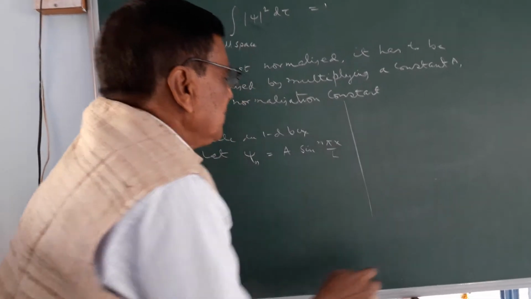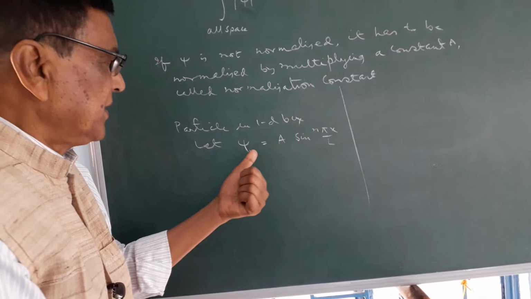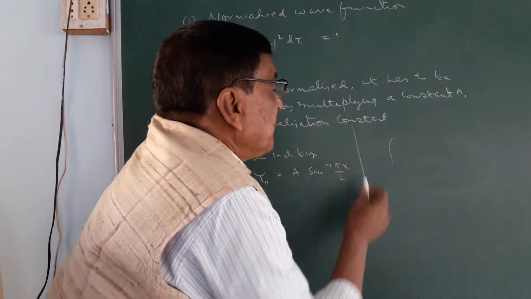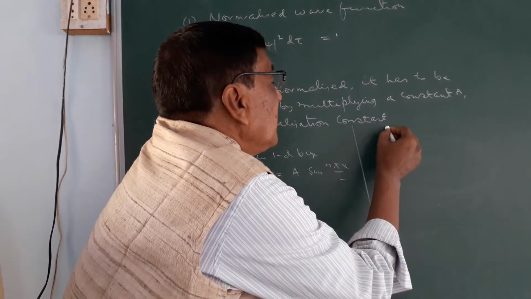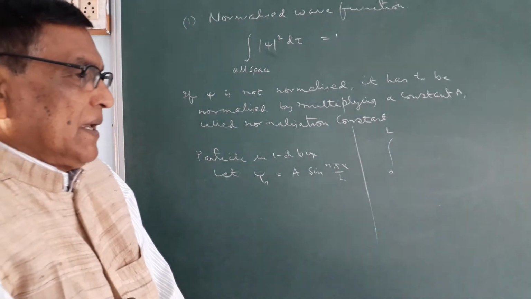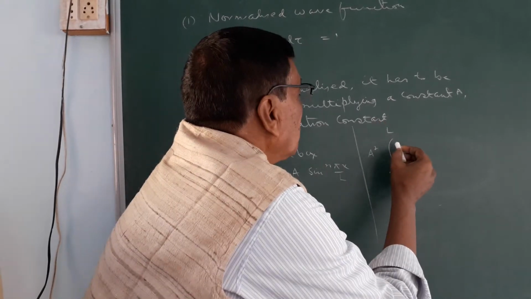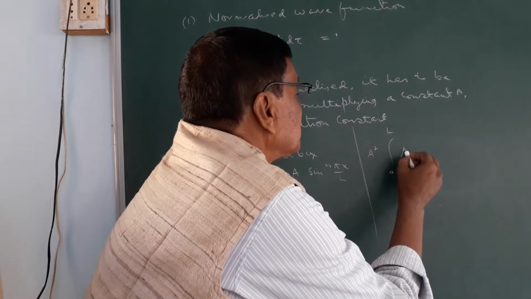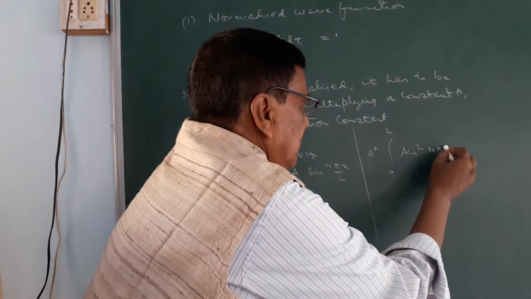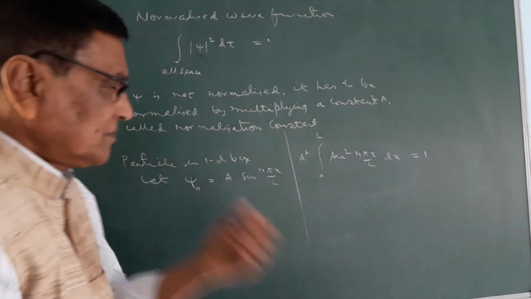By putting in the normalization condition we can get the value of A. Suppose the limit is 0 to L. This is the range available to the particle, and A squared can be taken outside, and we have the integral of sine squared n pi x by L dx equal to 1.